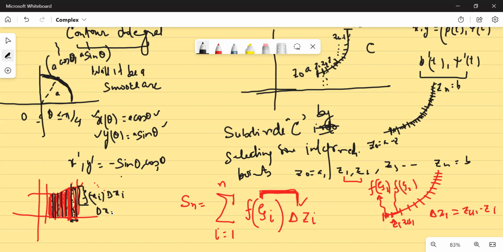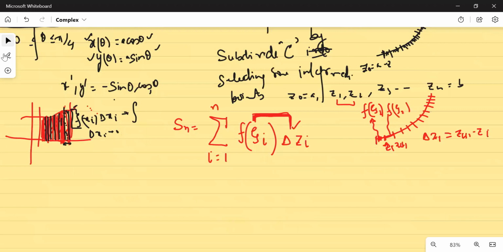If delta xi tends to 0, then this particular sum converts to an integral. Okay. Similarly, if I say my delta z tends to 0, or if I'm not properly dividing it, I would say that let delta zi tends to 0.